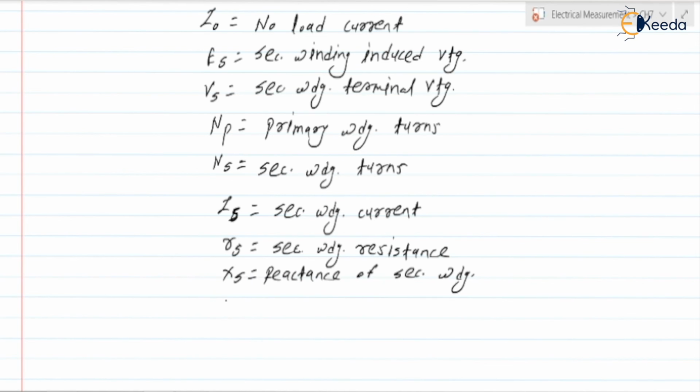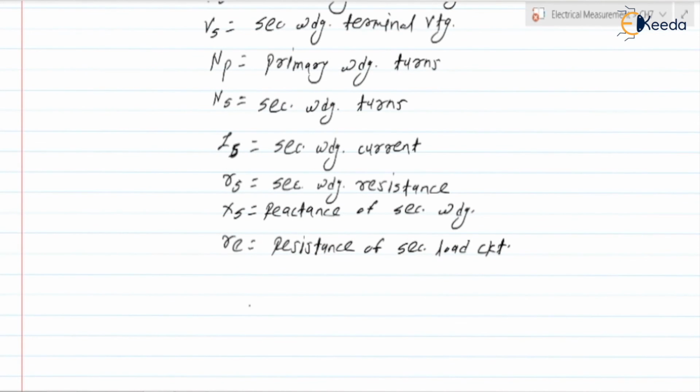Next, RE is the resistance of the secondary load circuit. Okay, this is the RE. XE is the reactance of the secondary load circuit.